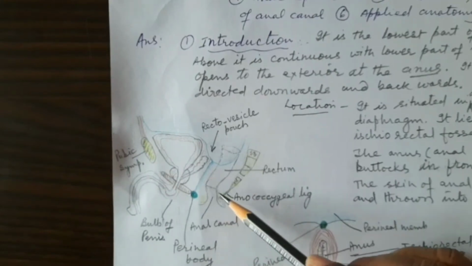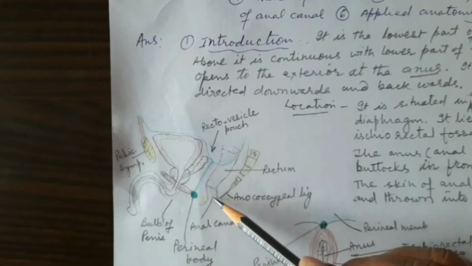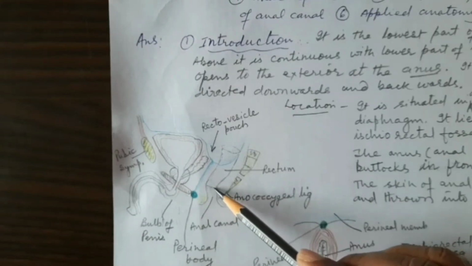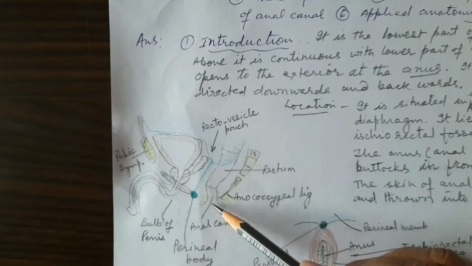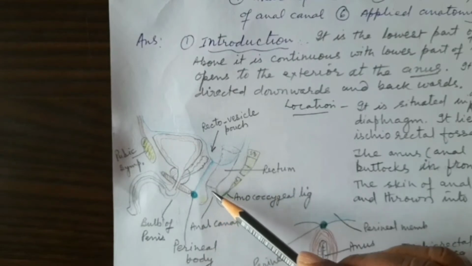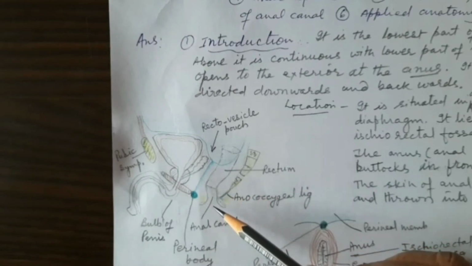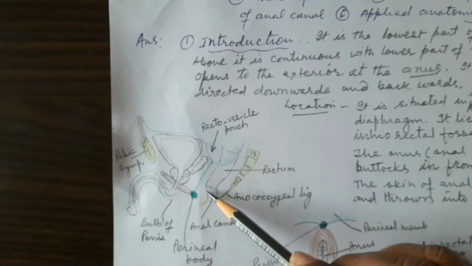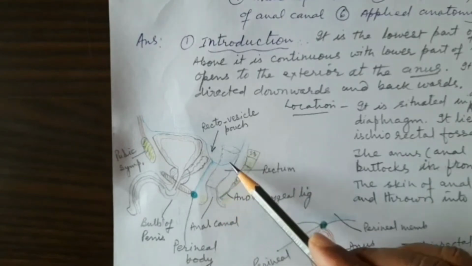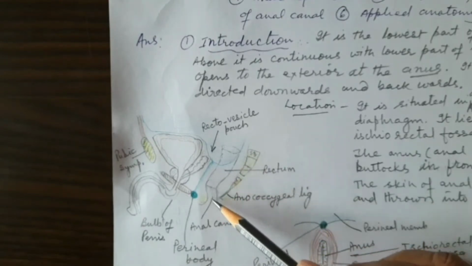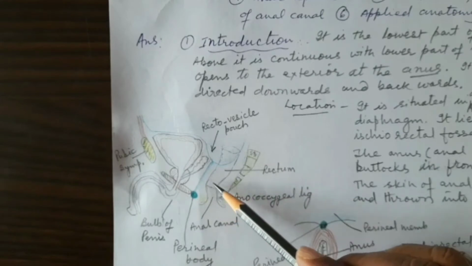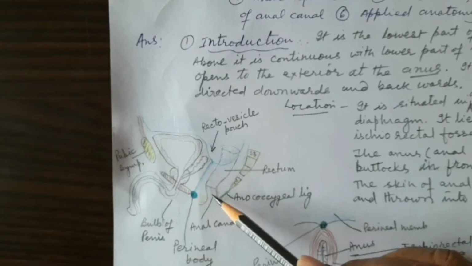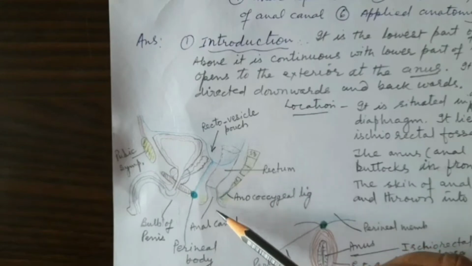The length from the lowermost part of the rectum till its anal opening is 4 centimeters. The anal canal is directed downwards and backward, while the rectum was directed downwards and forward. So there is an angulation between the rectum and anal canal.